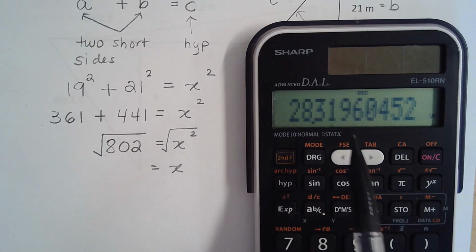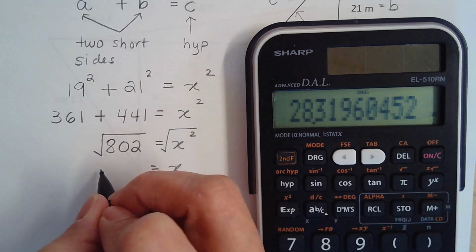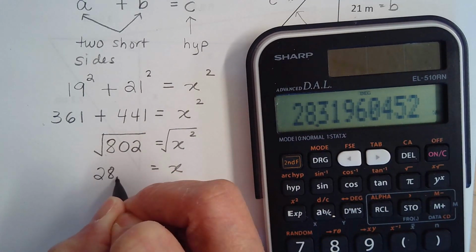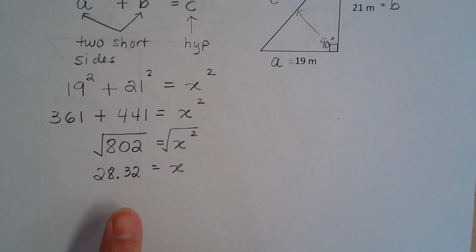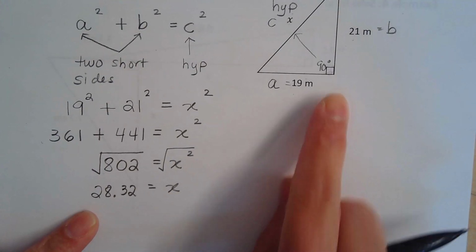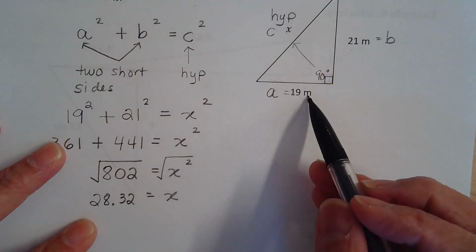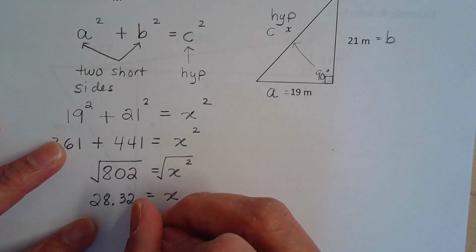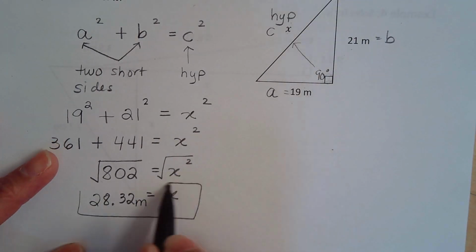Because the number after the 1 is 5 or over, it would be rounded off to 28.32. And this is also the time where we have to put in the unit. Everything is in meters, so that's going to be 28.32 meters. That's our final answer.